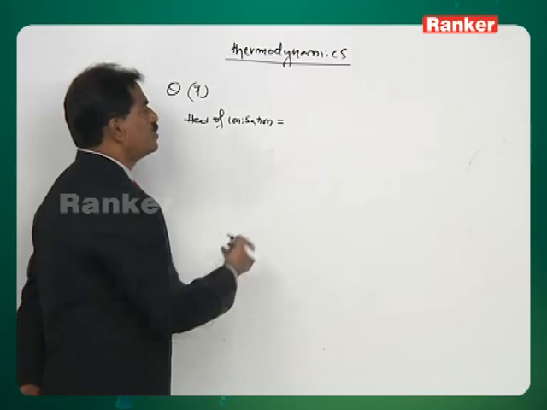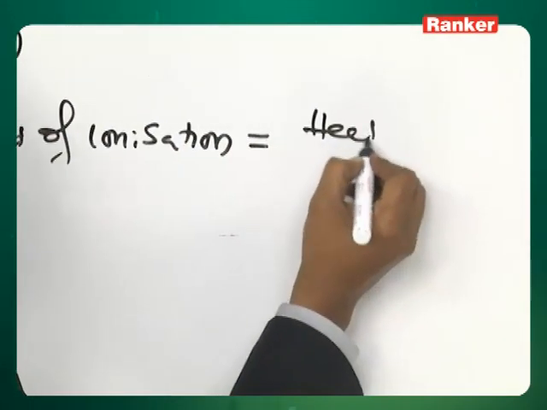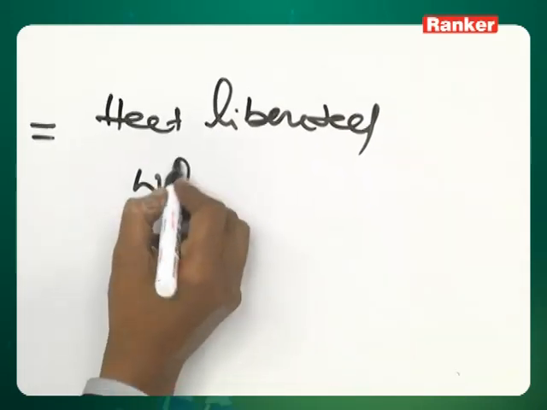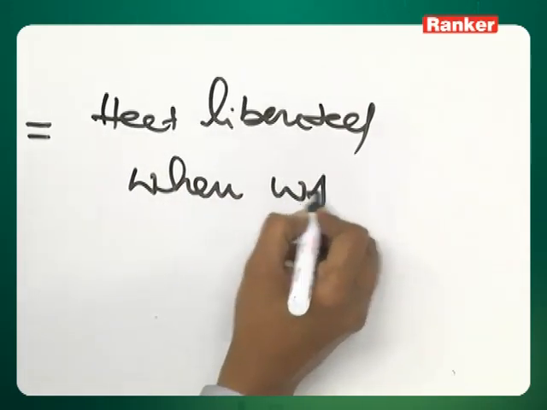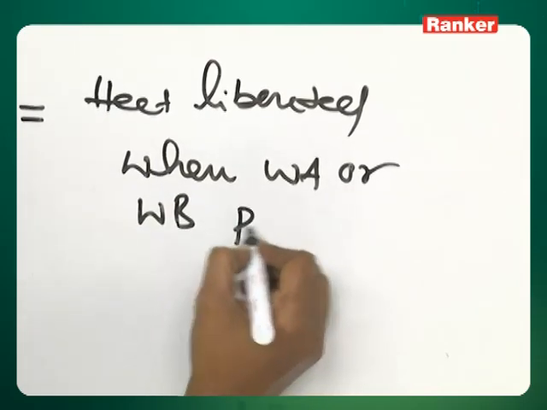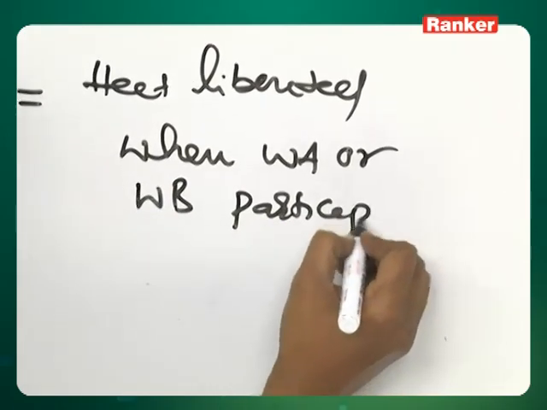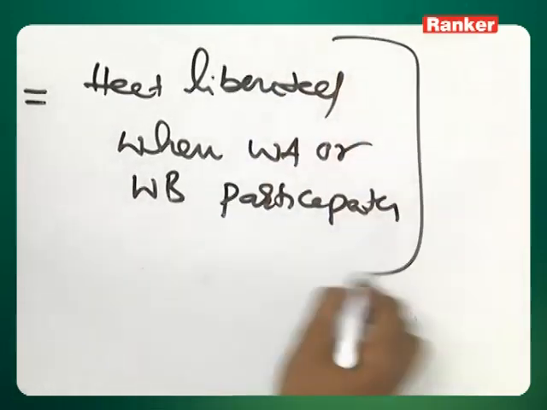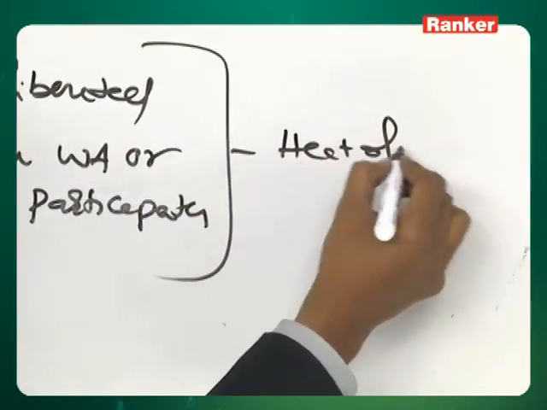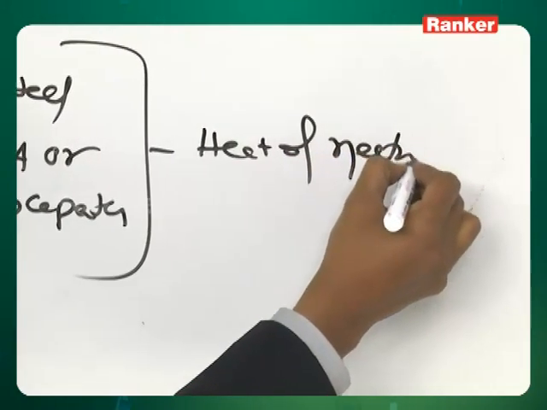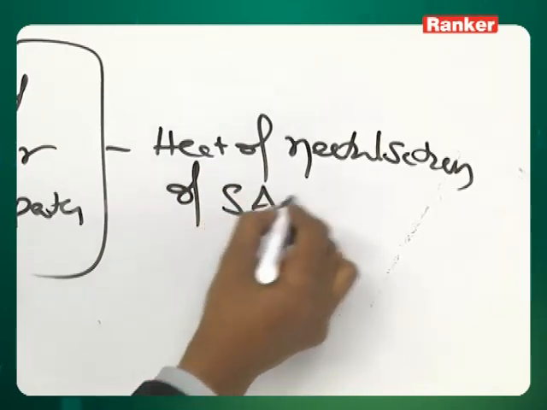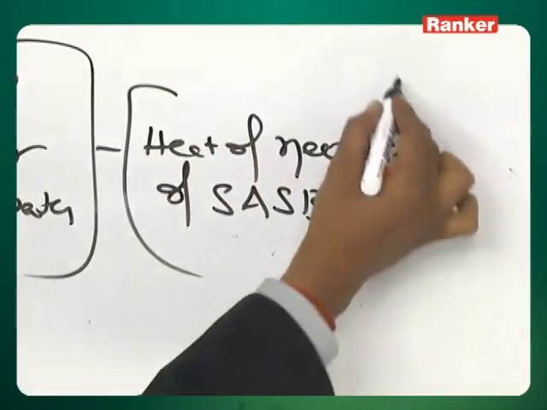Heat of ionization is heat liberated when the weak acid or weak base participates, minus heat of neutralization of strong acid, strong base.